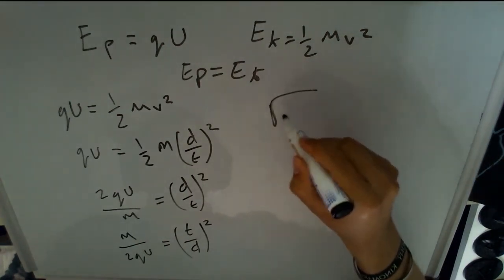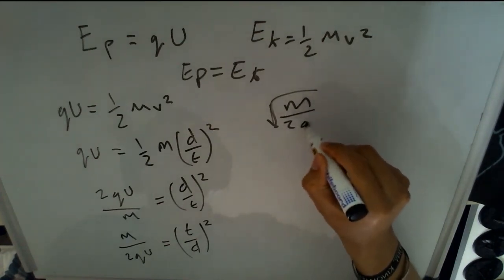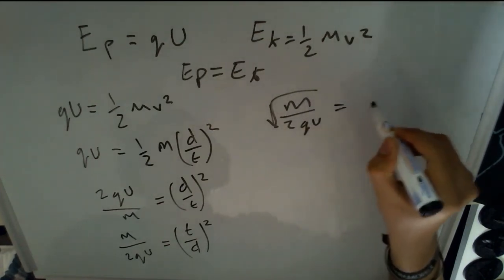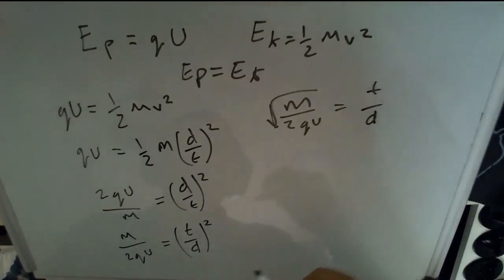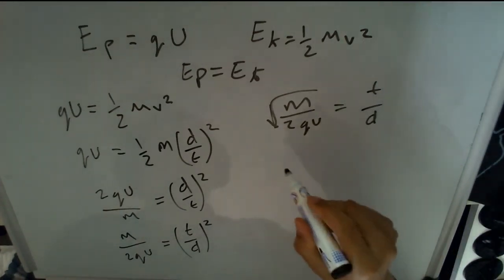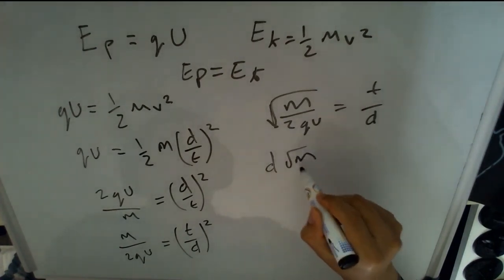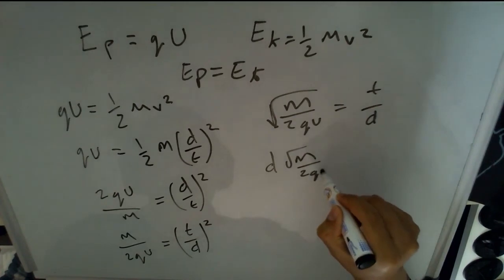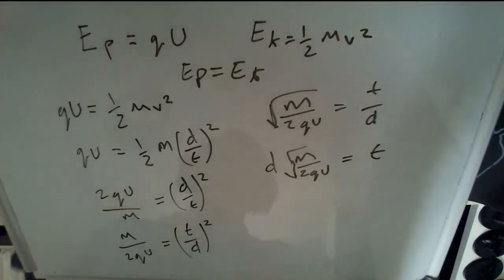So we have root of m over 2qV is equal to time divided by distance. Multiply both sides by d for distance, so we get d root m over 2qV, should be root everything, is equal to time.